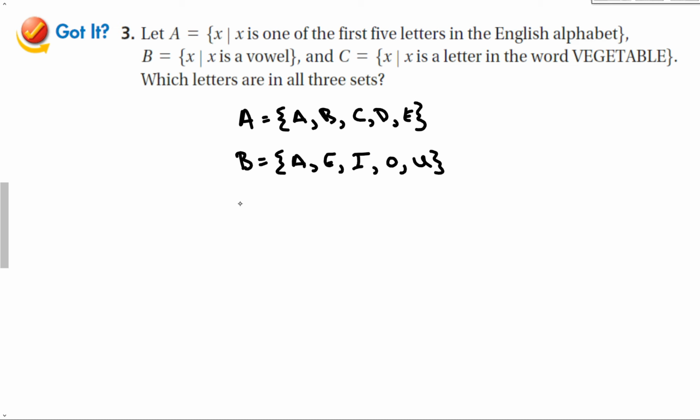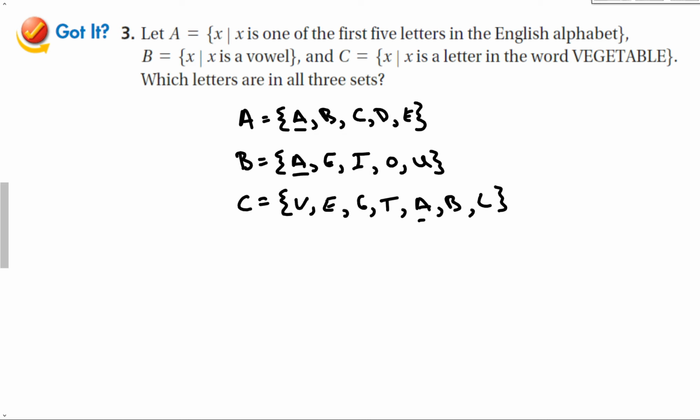And set C is the letters in the word vegetable. So V, E, G, we already have the E, T, A, B, L, and we already have an E. Okay? So, what letters are in all 3 sets?